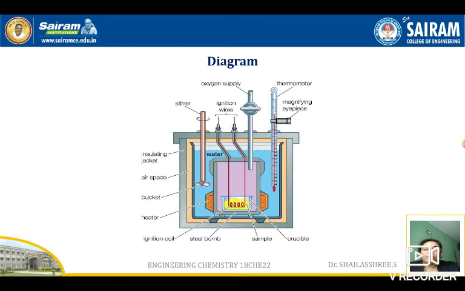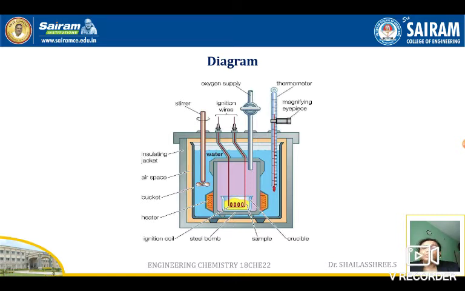In the calorimeter, a known quantity of water will be there, and the calorimeter also consists of a thermometer to measure the change in the temperature of water, and a stirrer. When we stir, the heat spreads constantly to all the water. And there will be a heater.